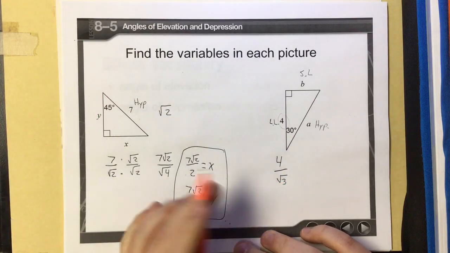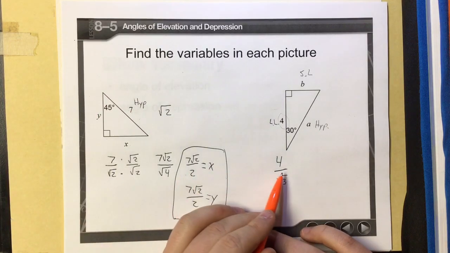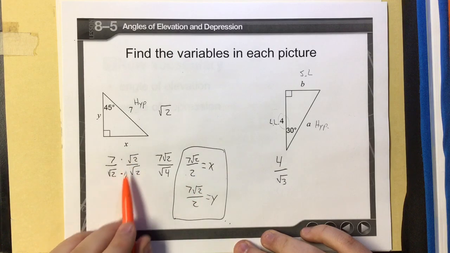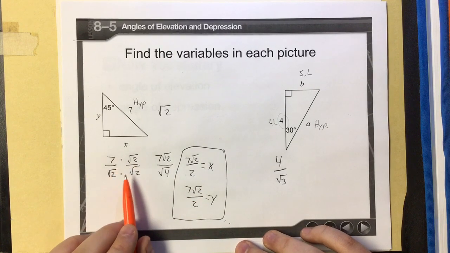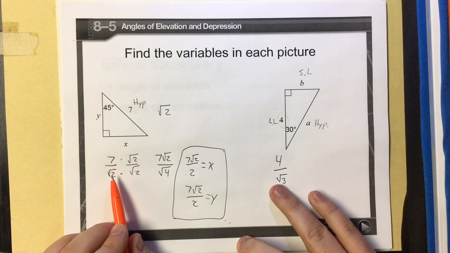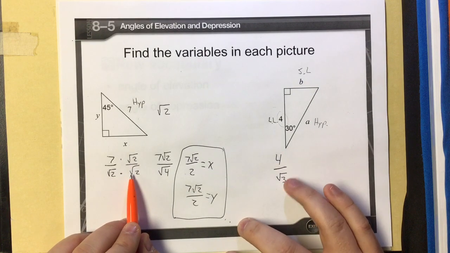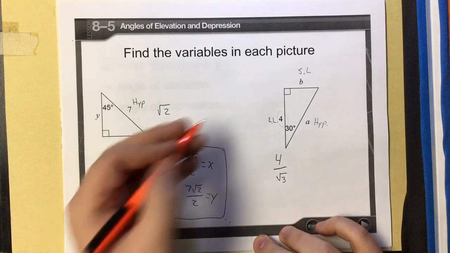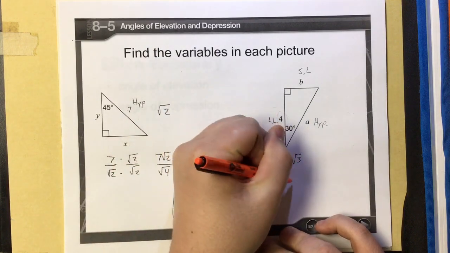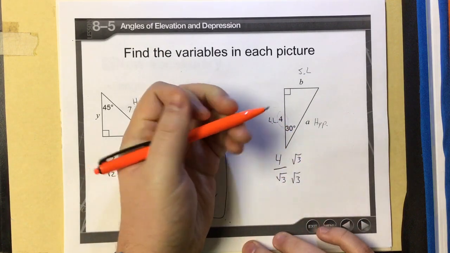Now we're done with geometry and we have to do some algebra. Now this ends up being very similar to this step here to finish it off. Since we have a square root in the bottom, we need to multiply top and bottom. We'll multiply top and bottom over here by the square root of 3 this time, because 3 is the number in our denominator.